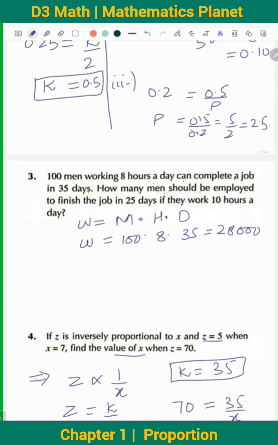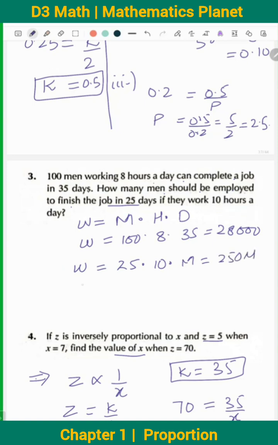28,000. So now we have: how many men should be employed to finish the job in 25 days working 10 hours a day? Now for the other work, which is equal to 25 days and 10 hours, and we don't know how many men, so we will write m, which is equal to 250 m.